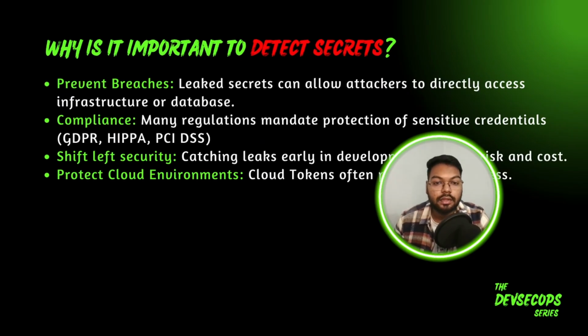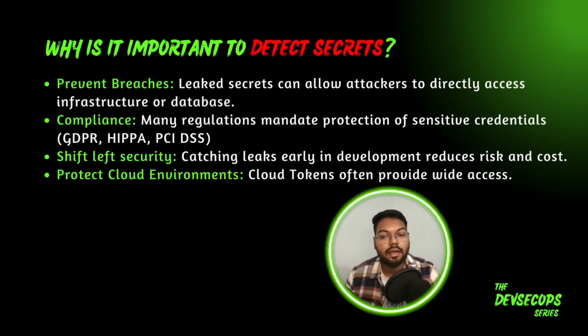Then on the next slide, we have why it is important to detect secrets. As we already saw in the previous slide, it is to prevent breaches, for compliance purposes, for shift left security as we are talking about it from the beginning, and to protect the environments, majorly cloud environments that have access using tokens.